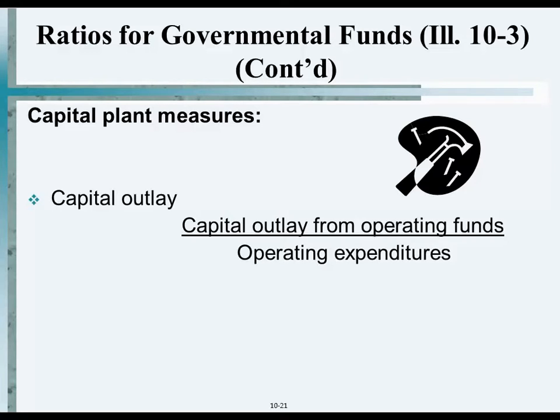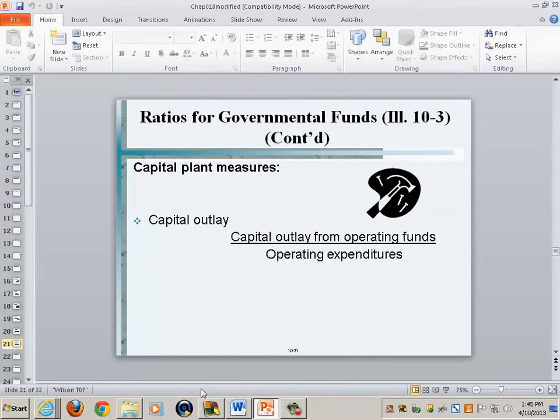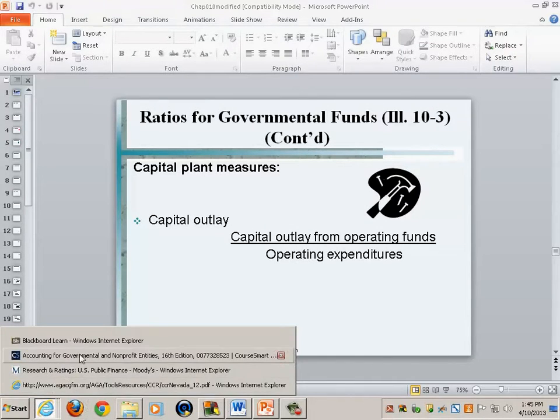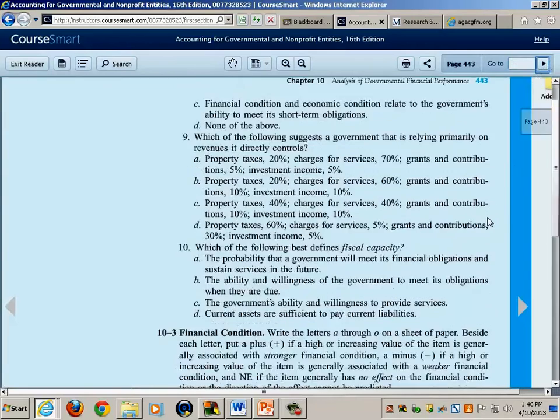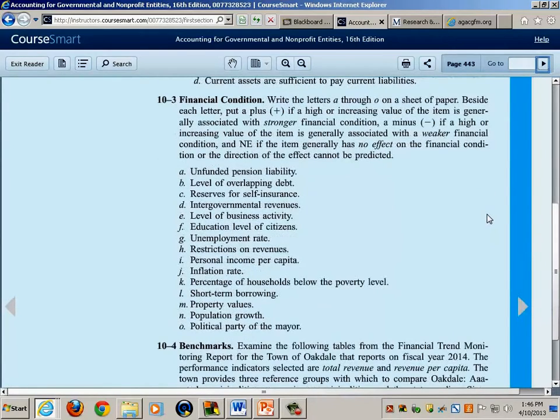Since you're so good at this, let's take a look at a problem. All right, let's take a look at a problem and see if you can figure this out. And it's a very simple one. So what I'd like you to do is read the question up on the top.